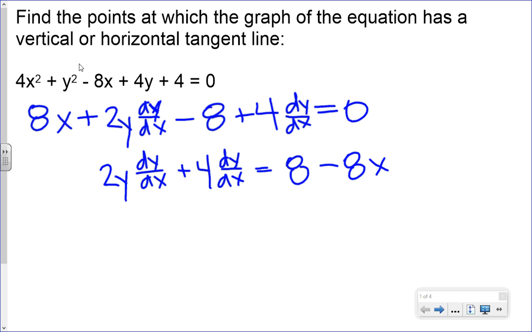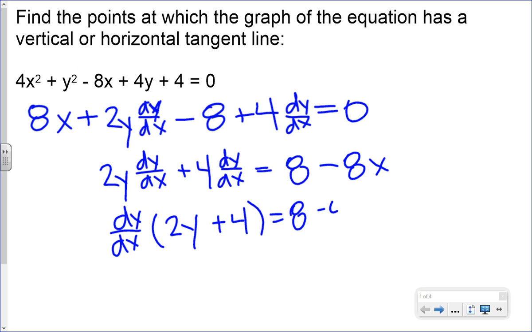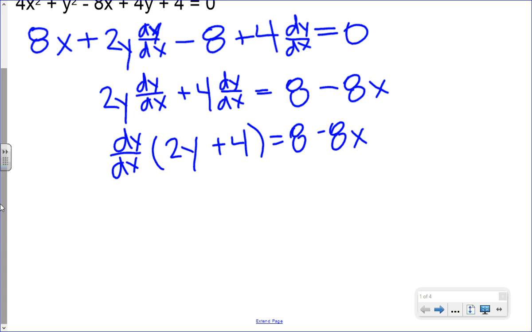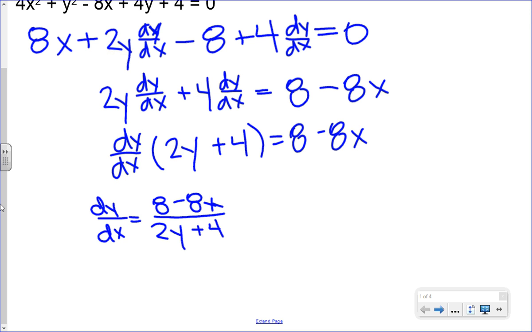We can then factor out the dy/dx. Left over is 2y plus 4. And then our last step would be to go ahead and divide that over. So dy/dx equals 8 minus 8x over 2y plus 4.